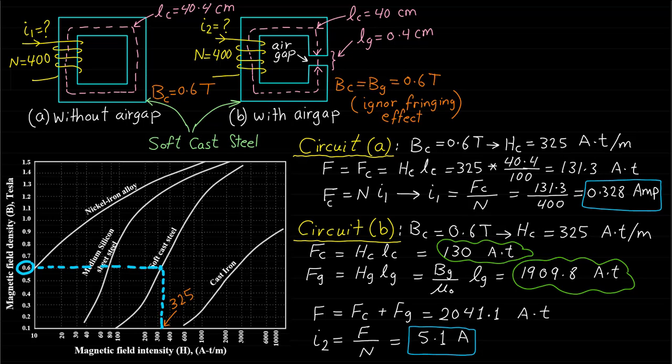That means even with a small air gap of 0.4 cm length compared with a 40 cm core length, most of the MMF, or magnetomotive force, is used at the air gap. In other words, most of the energy is stored in the air gap.